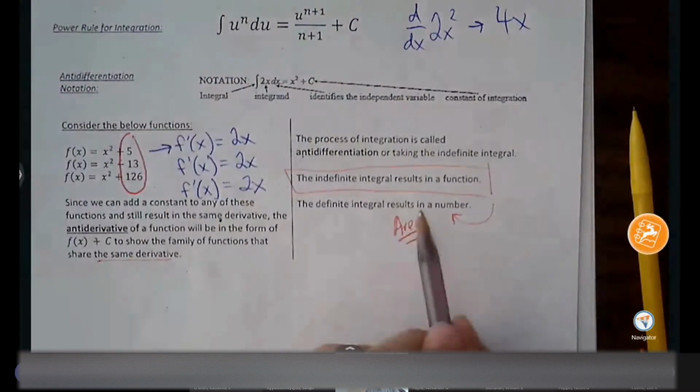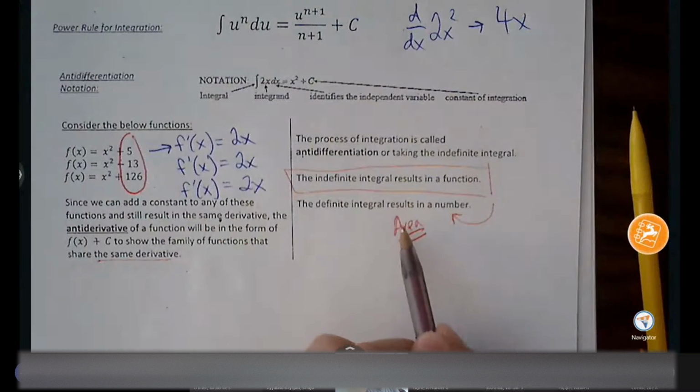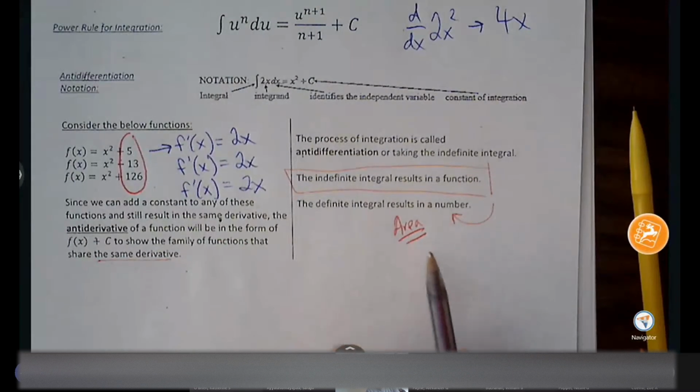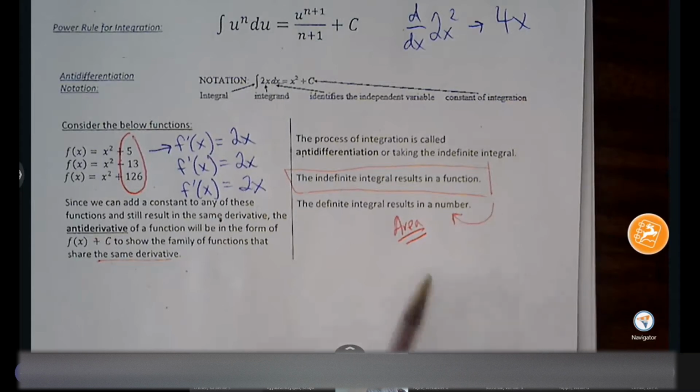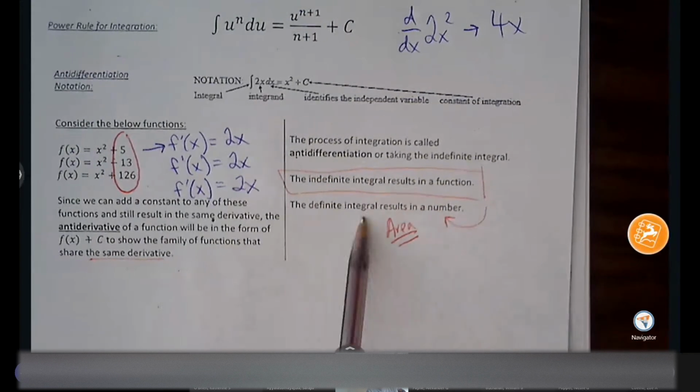This is going to be a much more efficient way than going through the limit definition that we're going through currently, with the summation formula and substitution and all those algebra steps. Once we get past that area formula, we're going to have a much more efficient way involving integrals, involving the power rule.